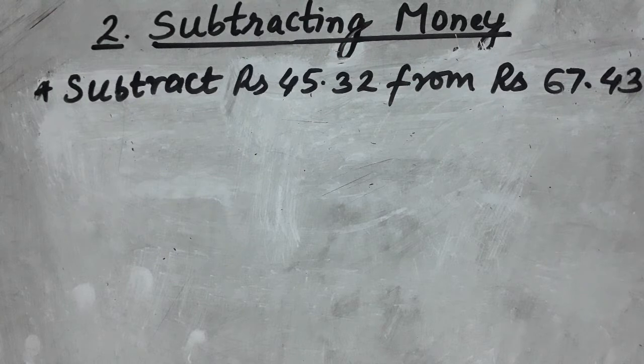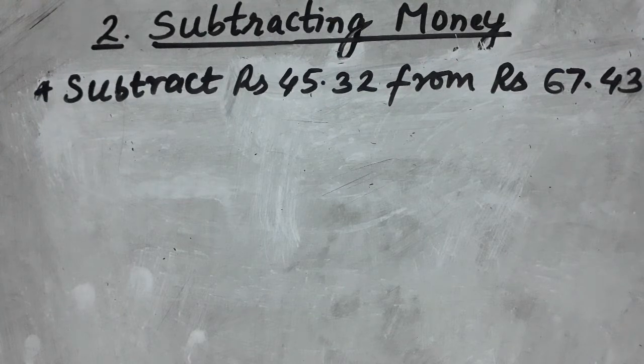Now we have to arrange these two amounts in a column, and while arranging, we need to consider which amount should be kept above and which should be kept below.